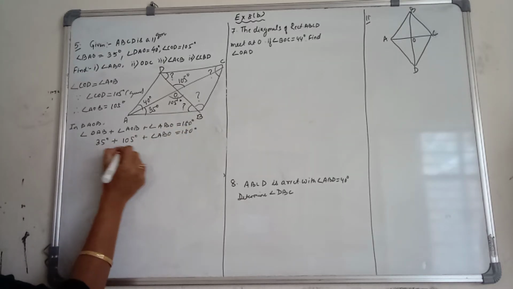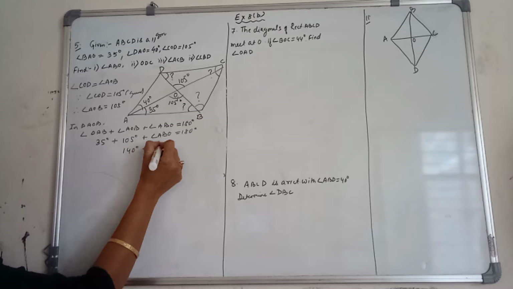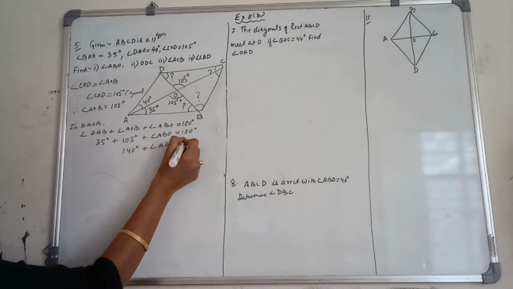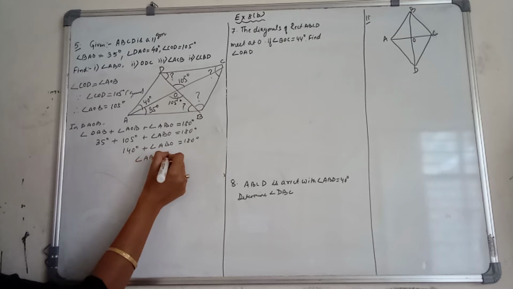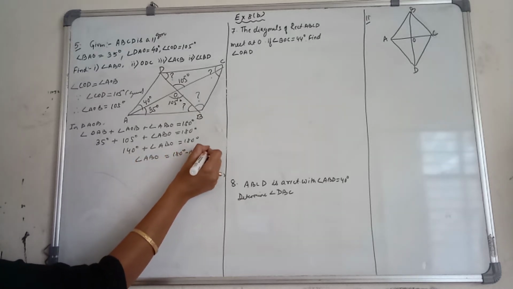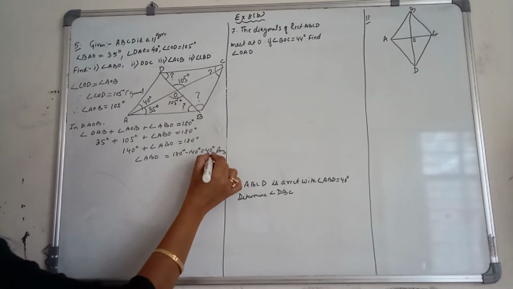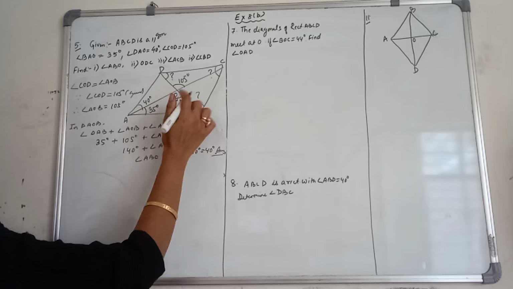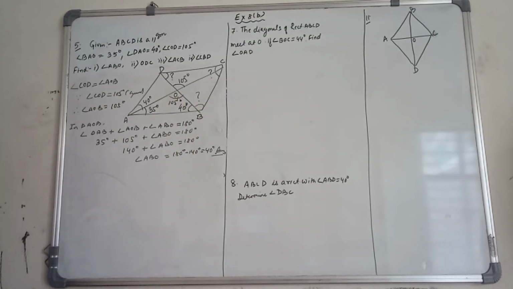So solve it. This one will be 140 degrees plus angle ABO, which is equal to 180 degrees. So angle ABO is equal to 180 degrees minus 140 degrees, which is equal to 40 degrees. This is your first answer. Angle ABO is equal to 40. Now I can write here 40 degrees.